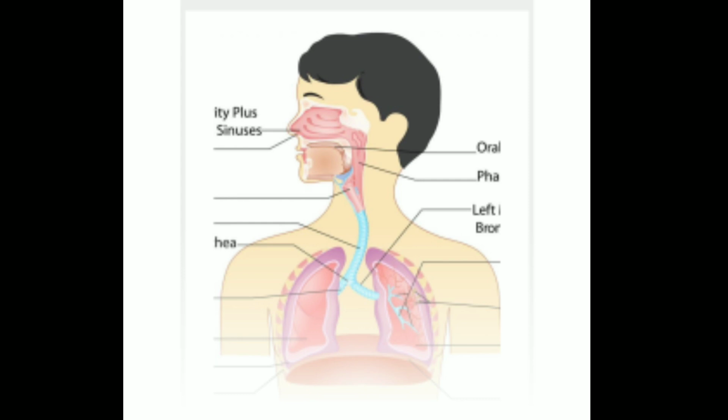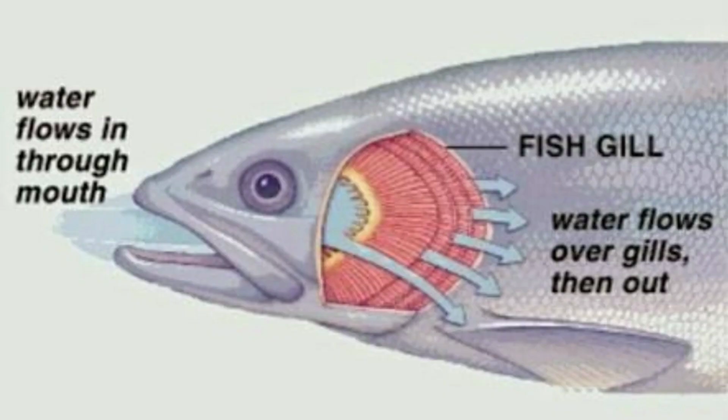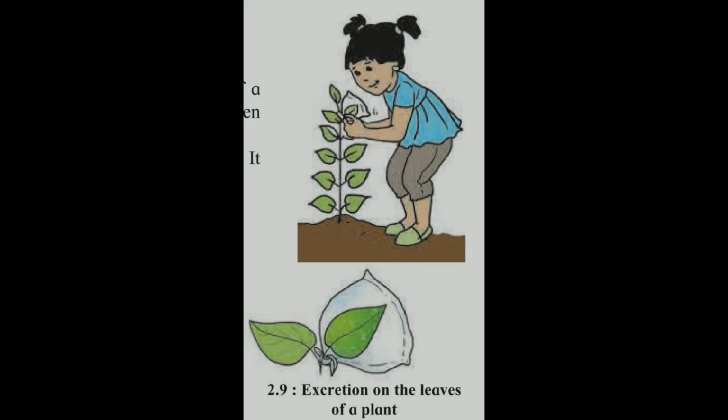You will see in this picture that human beings respire by the nose. Fishes and snakes have specific organs for respiration. But you will see in this picture that plants respire by means of microscopic pores on their stems and leaves. Respiration is an important characteristic of living things.